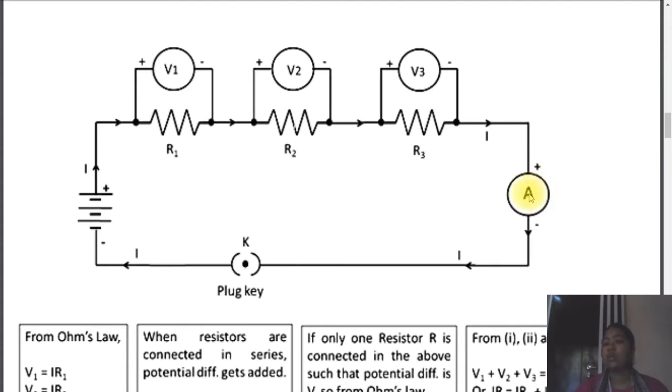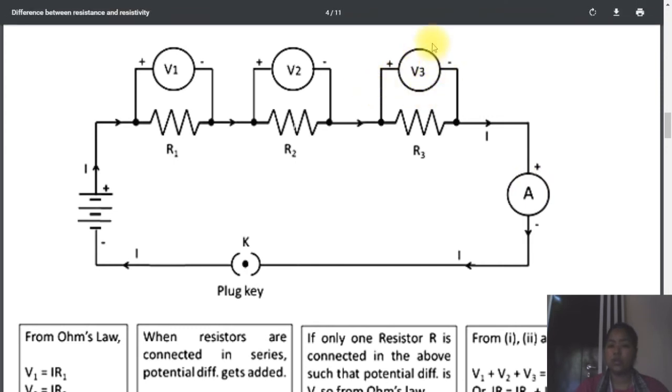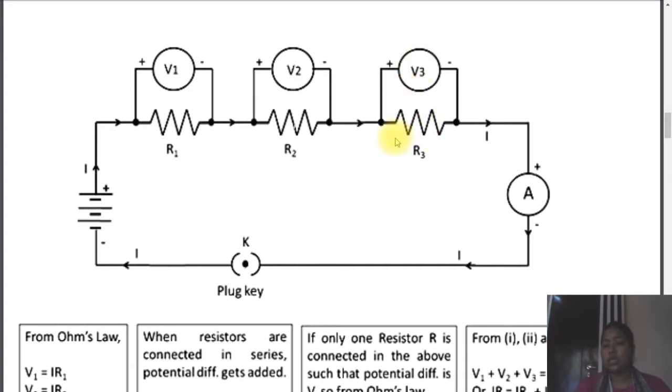This is the symbol of the ammeter, to measure the amount of current through the electrical circuit. This is the symbol of the voltmeter, with which we note the value of the potential difference across each resistor.